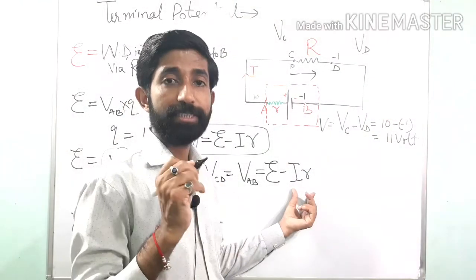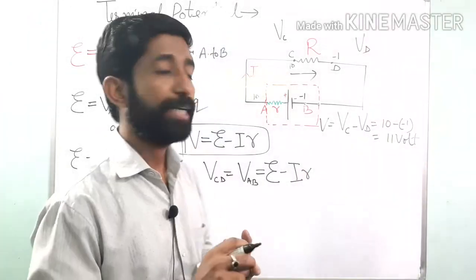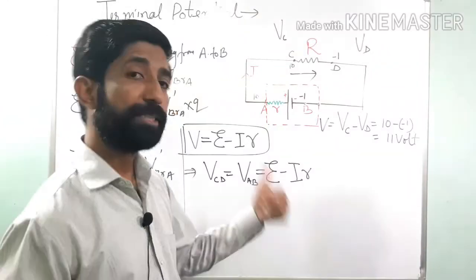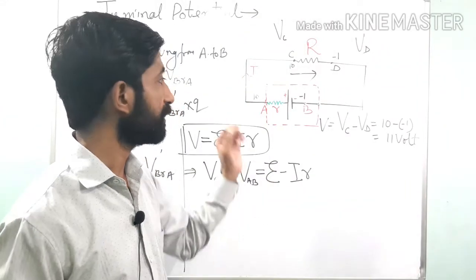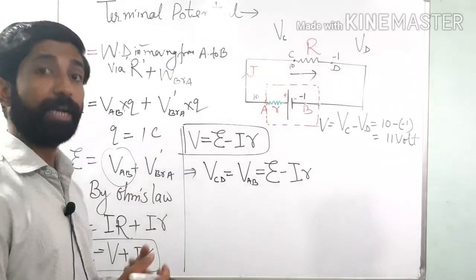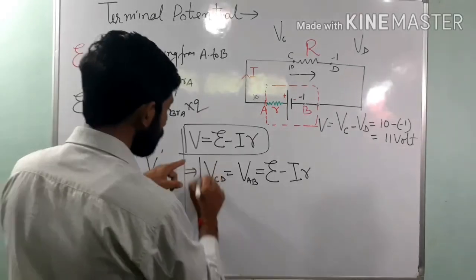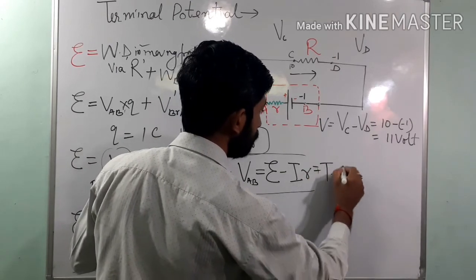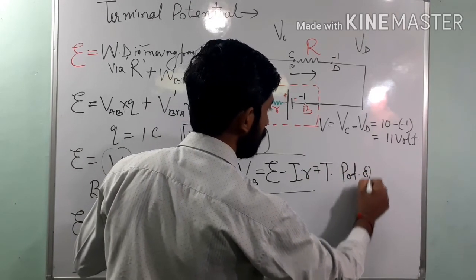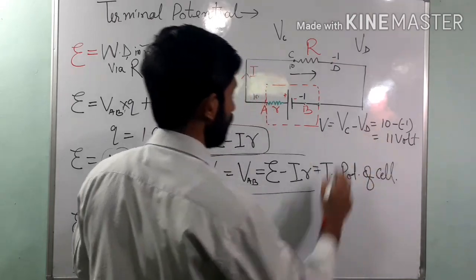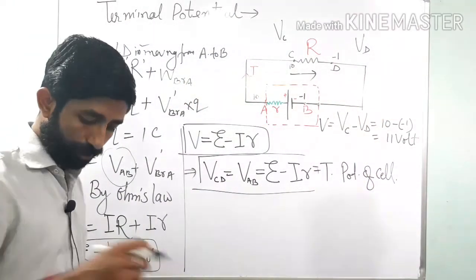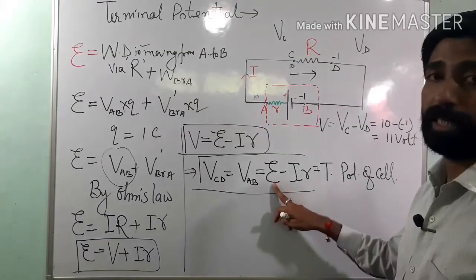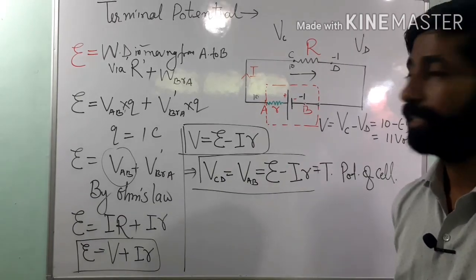That is simply the potential drop inside the cell due to its internal resistance. As we discussed in the last video, what is internal resistance? The reason for its rise we have done. So this is in general known as what? Terminal potential of a cell. That's it. Okay, so this is the relation between terminal potential V and EMF of a cell and the internal resistance of the cell.